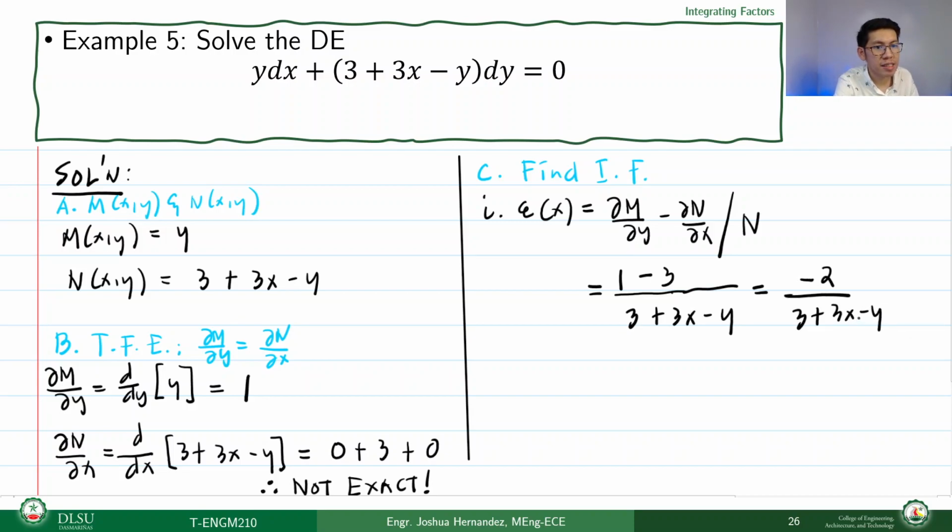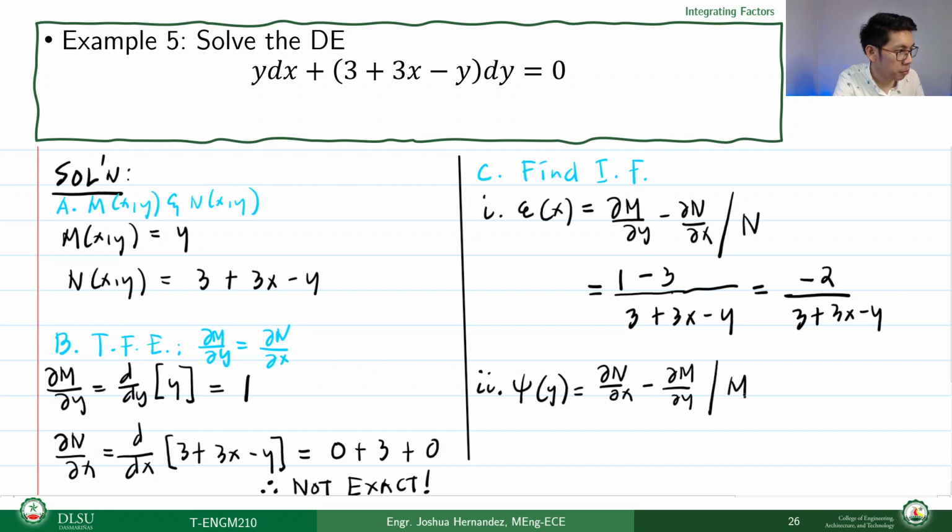Now, is this a function that is solely dependent on x? I think no matter what we do here, we cannot eliminate and or factor out y. So, ibig sabihin, we have to move to case 2. Case 2. And that is psi of y equals the partial derivative of N with respect to x minus partial derivative of M with respect to y all over M. Yan.